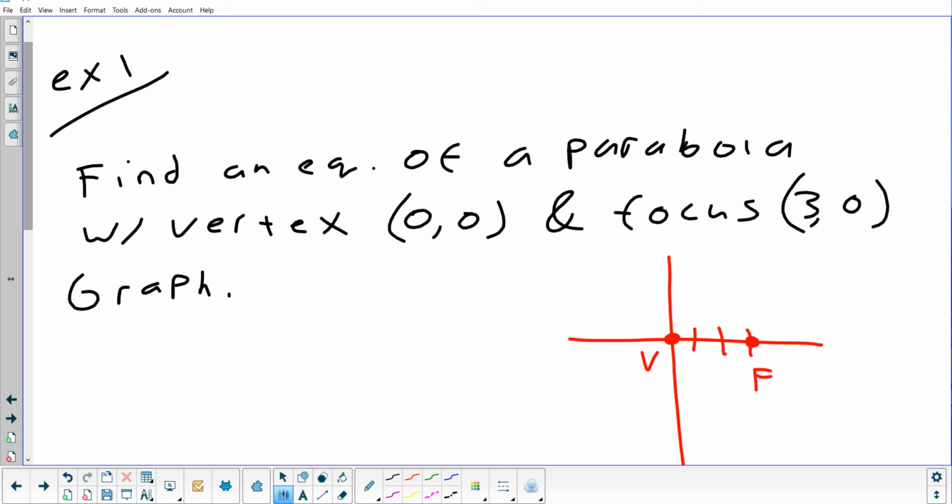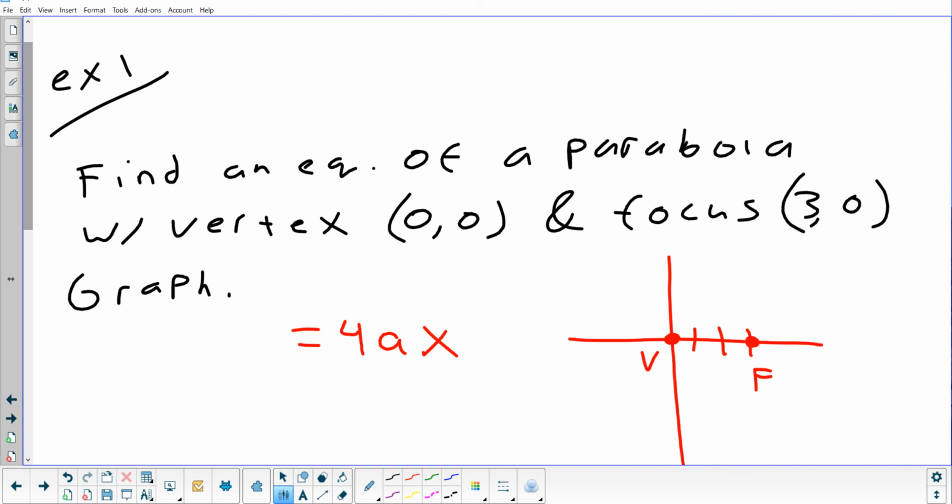Which way does this parabola have to open? Right. It has to open right. When something opens right, is that a positive 4 or a negative 4? Positive. It's opening in the positive direction. Opening right or up is a positive. So it's a positive 4. This is an A. And now, which axis cuts right through the middle of the parabola? And that goes here.